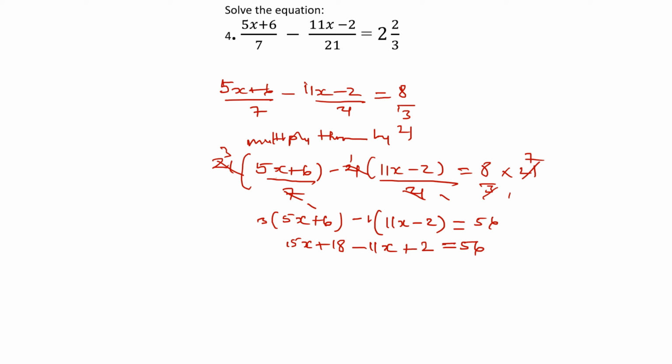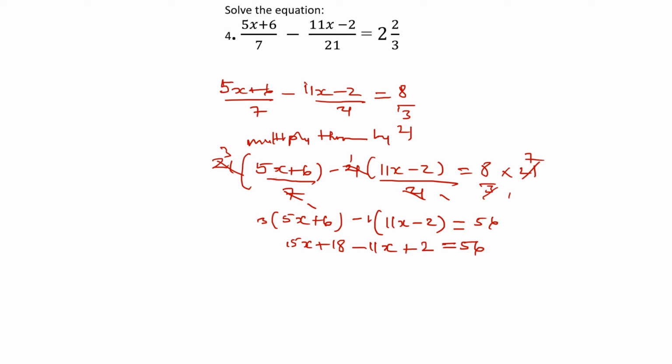So we collect like terms here. We bring the x together, 15x and minus 11x, and 18 and 2 without x. We add them and bring them over to 56.